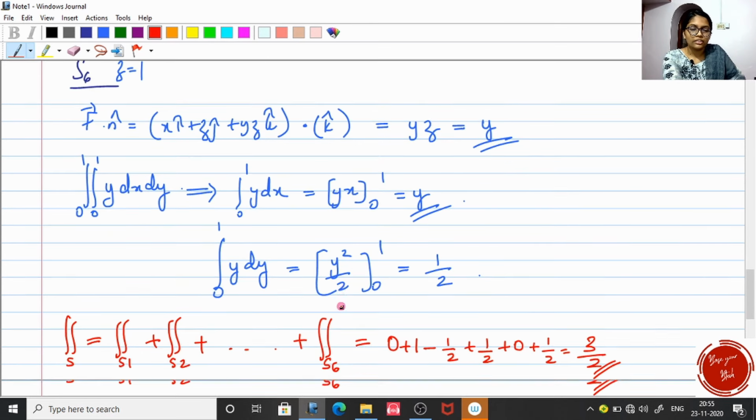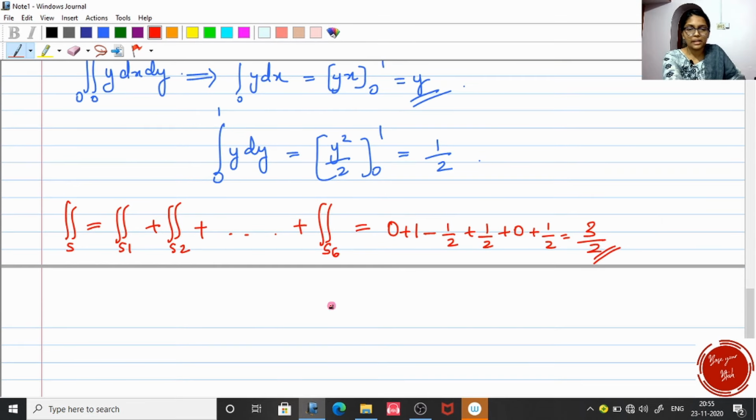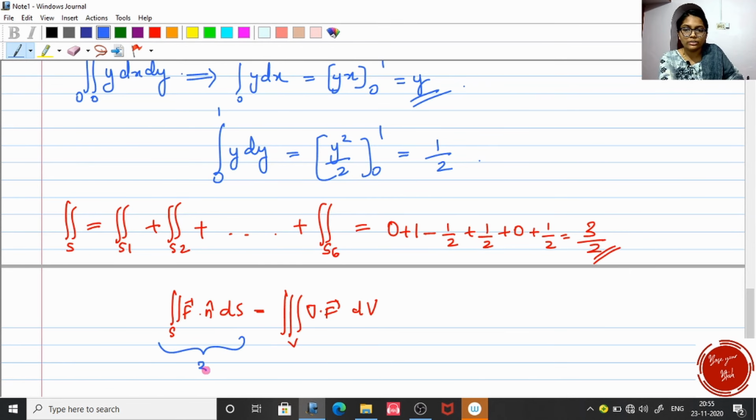So by this, the LHS part for the divergence theorem, the double integral over S of f dot n cap ds, is equal to the triple integral over V of del dot f. The left side section is over and the value is 3 by 2.